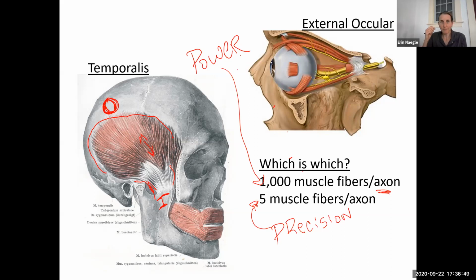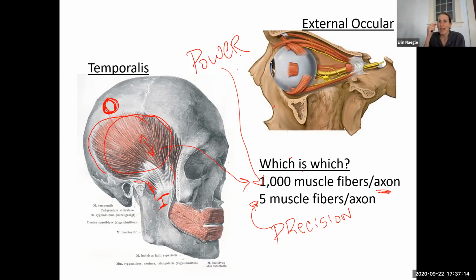Nice job. Now, do you think that's about power or precision? Yeah, it's about power, right? So in your temporalis muscle, your motor units look more like this one, where you have 1,000 muscle fibers per axon. Versus for each one of your eyeballs, you have 6 little muscles that are moving around your eyeballs like this.